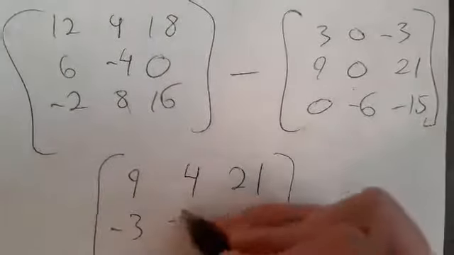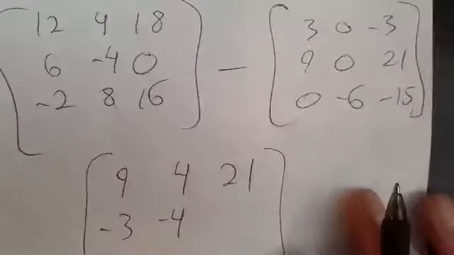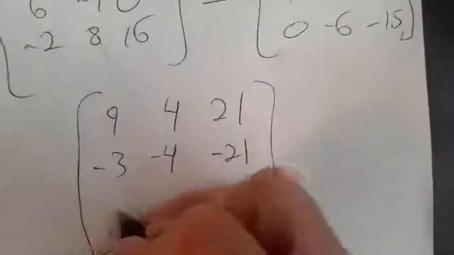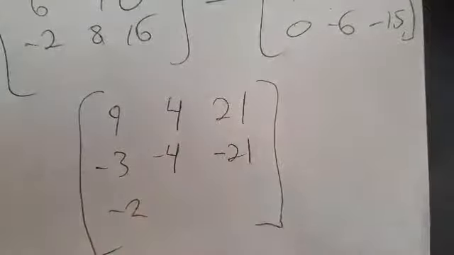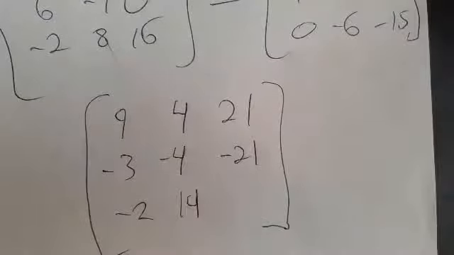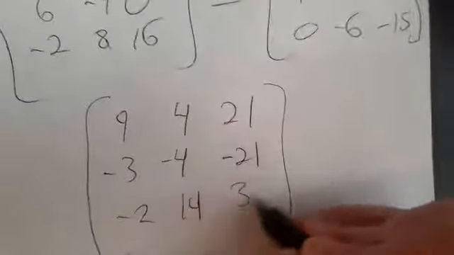Minus 4 minus 0 is a minus 4. 0 minus 21 is a minus 21. Minus 2 minus 0 is minus 2. 8 plus 6 now becomes 14. 16 plus 15 becomes 31.